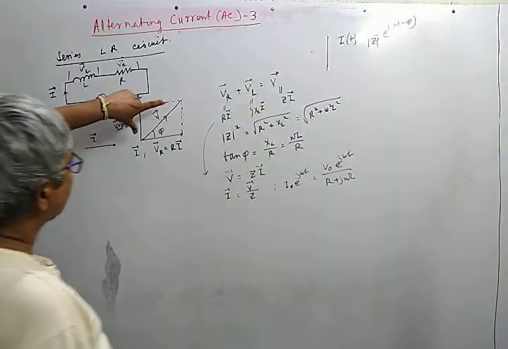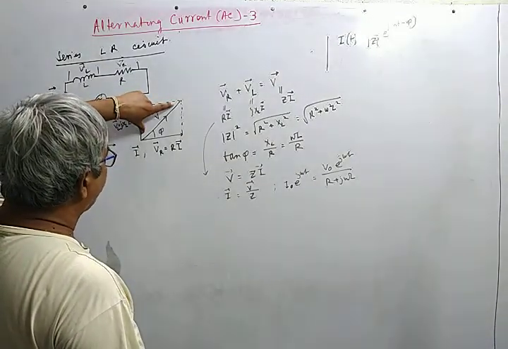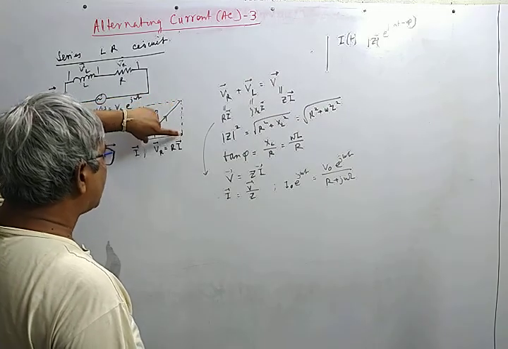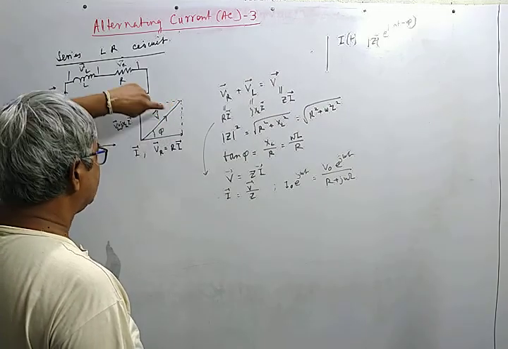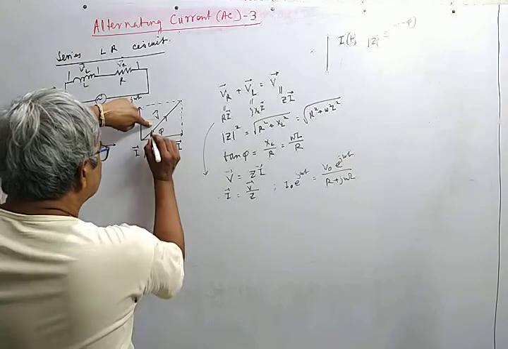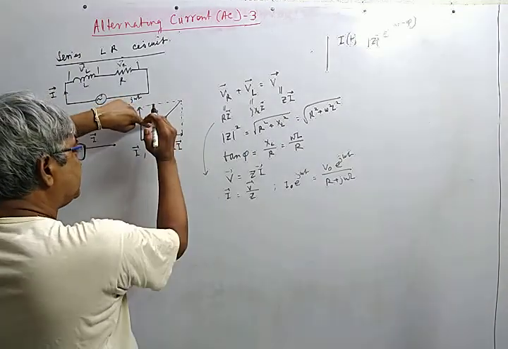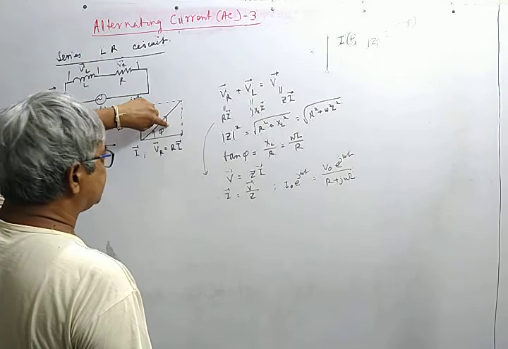Now let me come to this. This is the applied voltage V, and this is VR, and I is in the same direction. So you see that this phase angle has been traced in the anti-clockwise direction, so phi is positive.